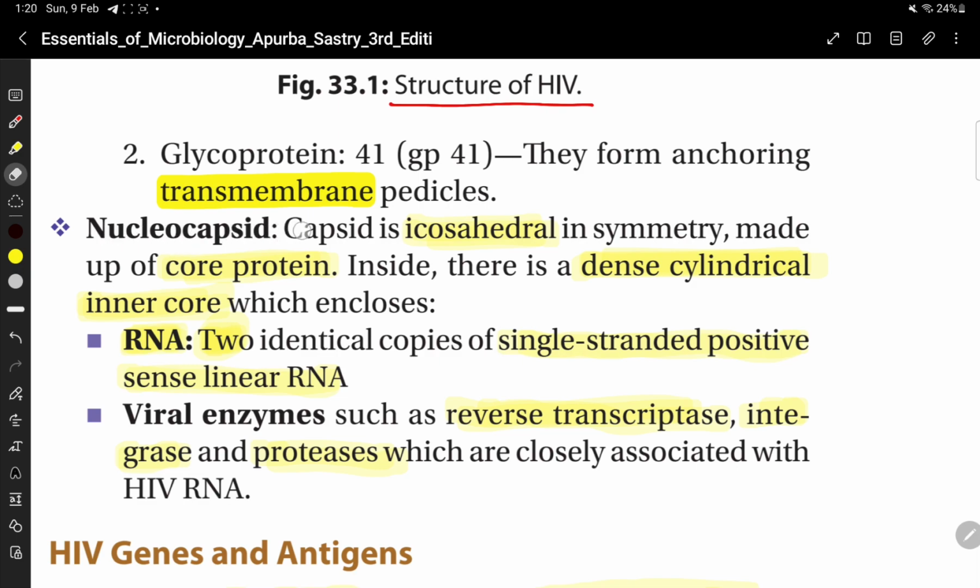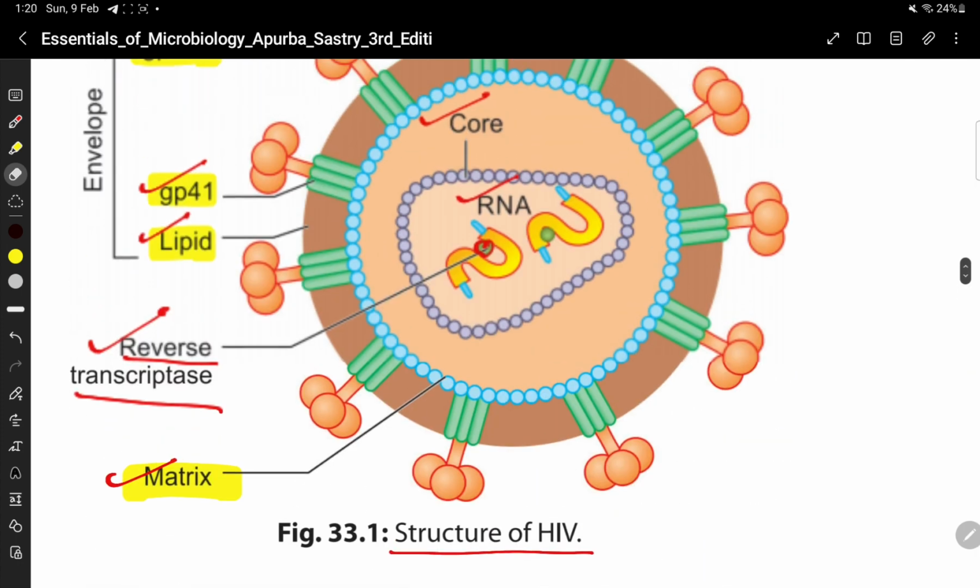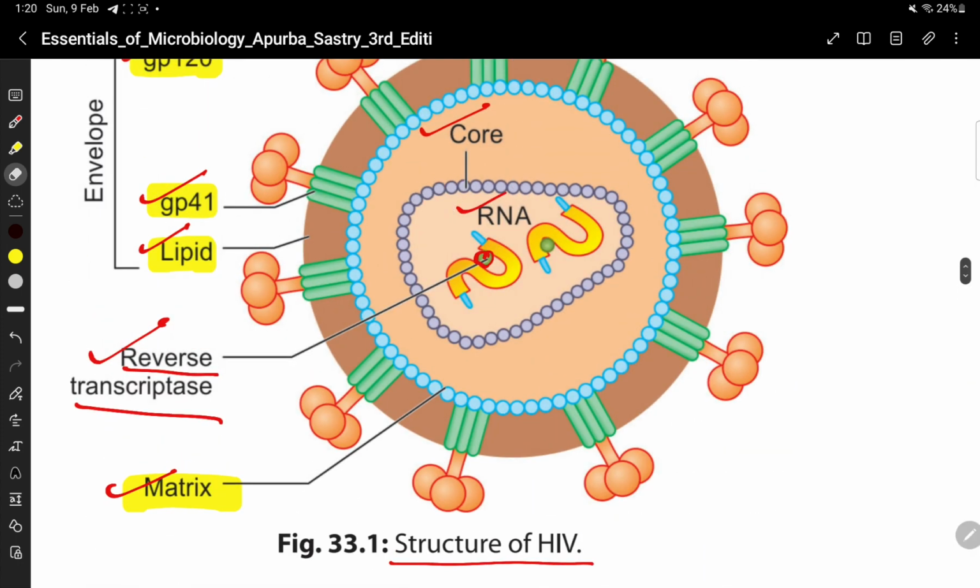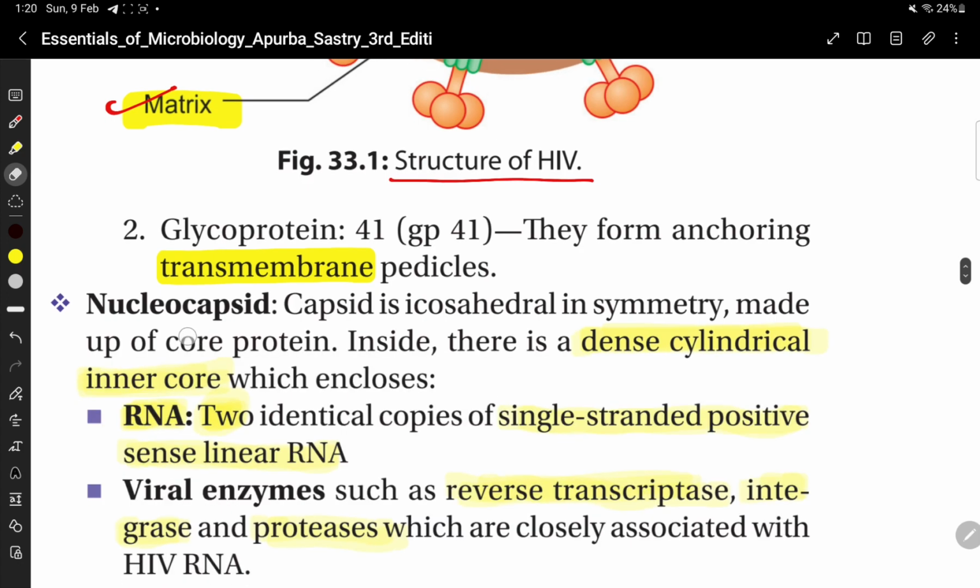Then we have the nucleocapsid. The capsid is icosahedral in symmetry, made up of core protein.